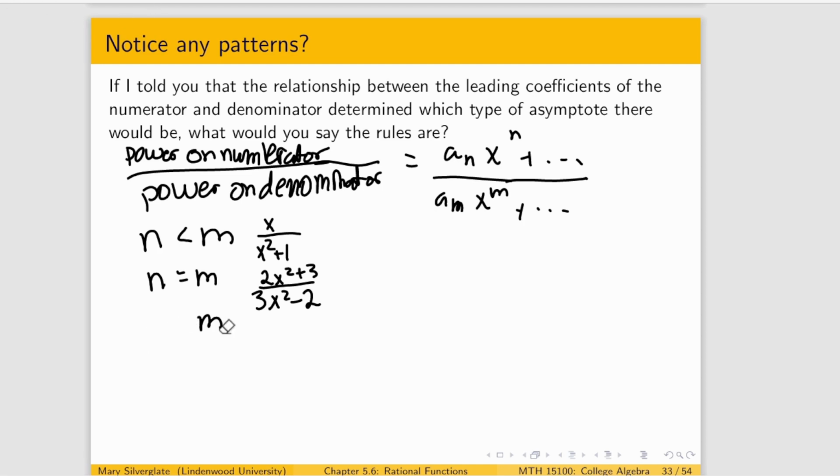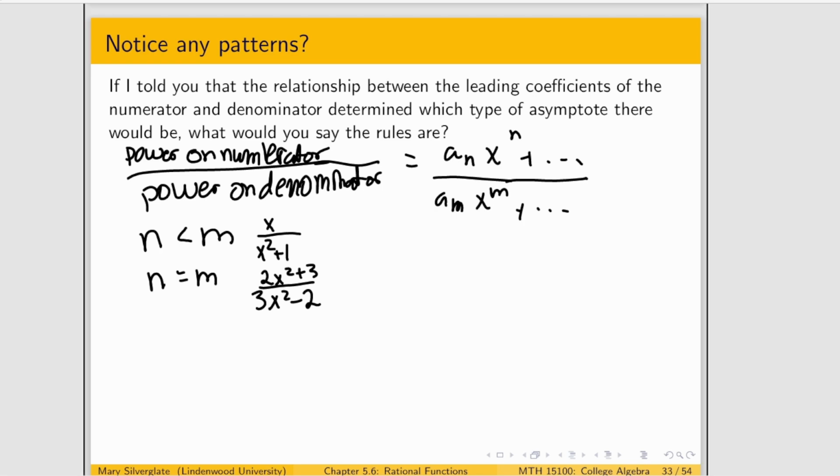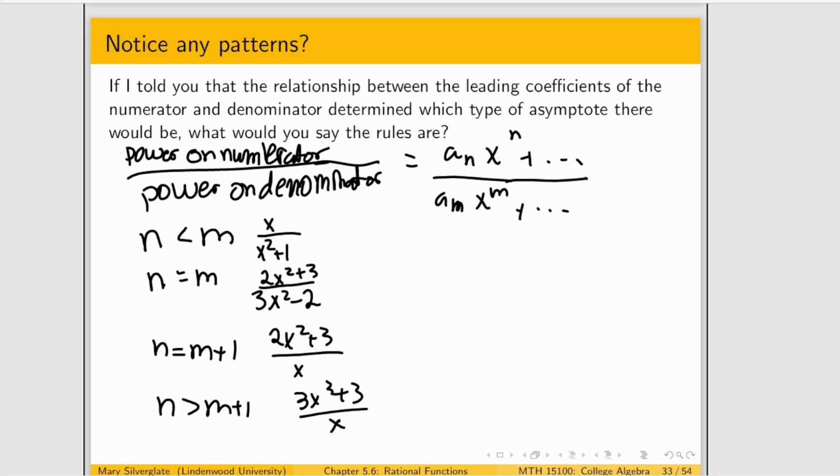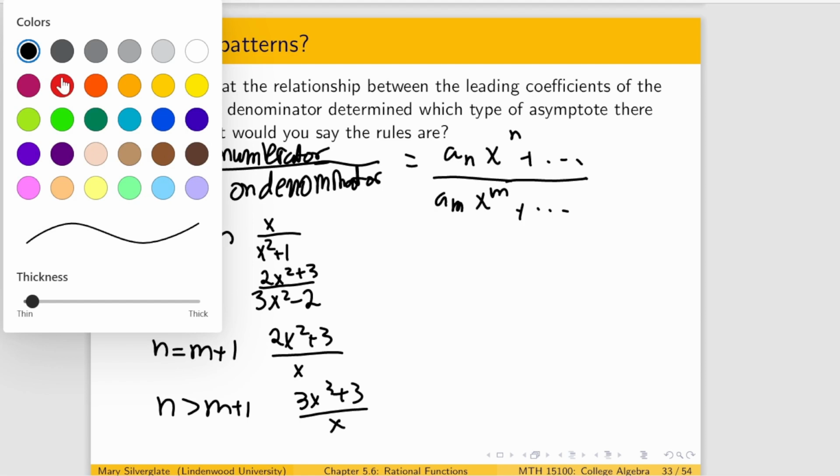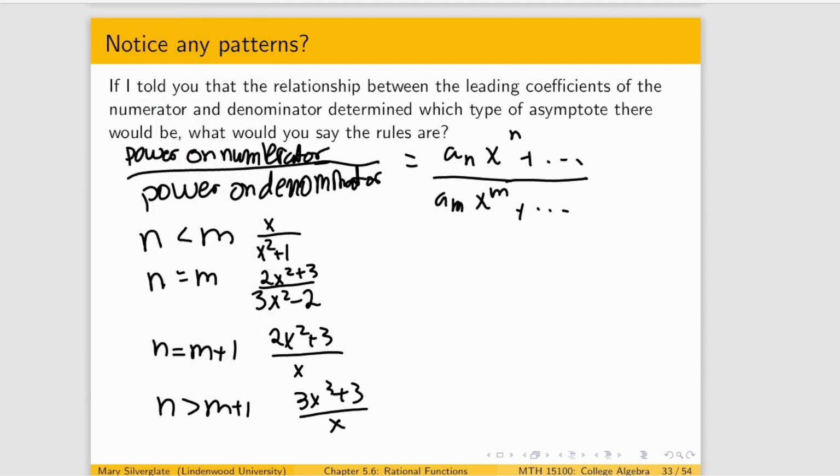If we have it where n is exactly 1 more than m, so something like 2x squared plus 3 over x, for example, or if n is more than m plus 1, so something like 3x cubed plus 3 over x. Different particular things happen in each case. And again, I encourage you, pause the video and see if you can figure out what happens in each case.